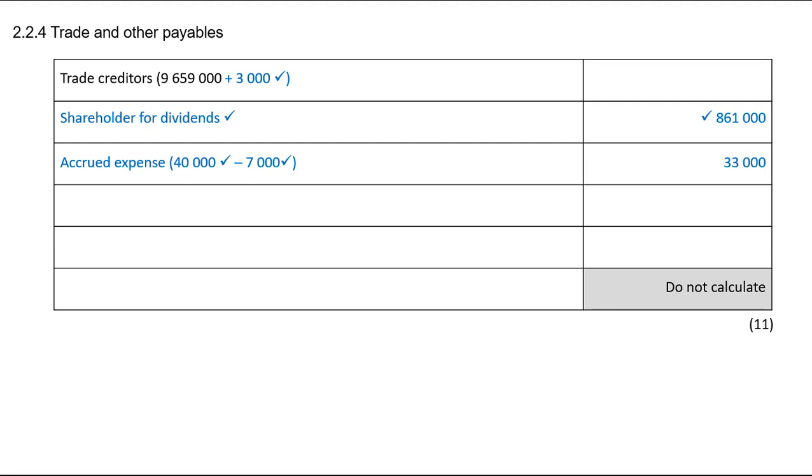I put it there as a current liability. So as long as it's in trade and other payables, I realized that the examiner put it differently as deposit for rent. For me, it's exactly the same as income received in advance because that deposit will go towards your rent income when the tenant fails to pay for that month or when they damage something.